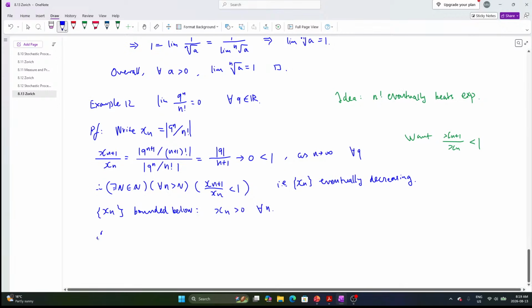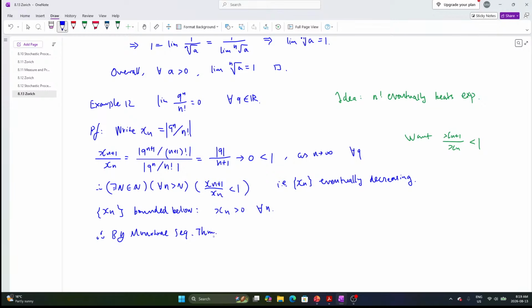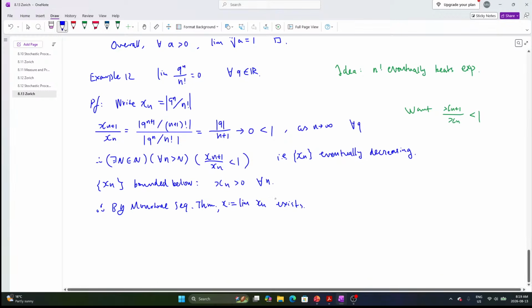And therefore, by the monotone sequence theorem, the limit of xn, say equals x, exists. Okay, so you now have the result that the limit exists.